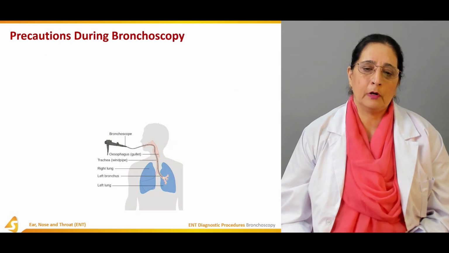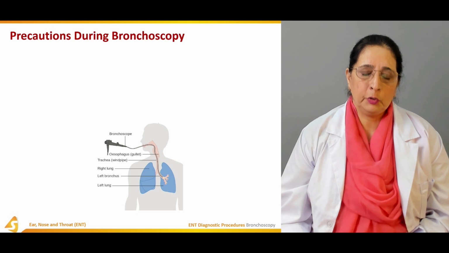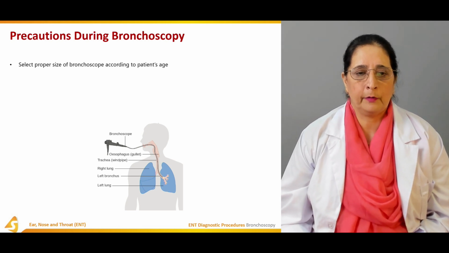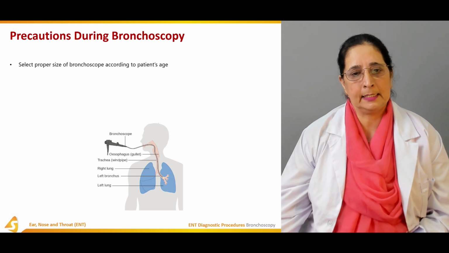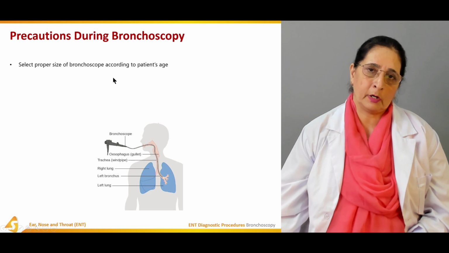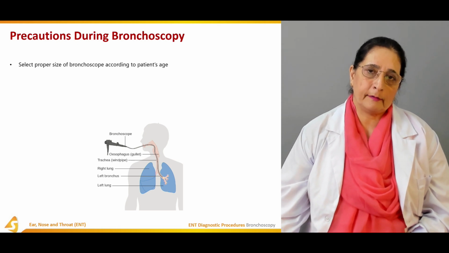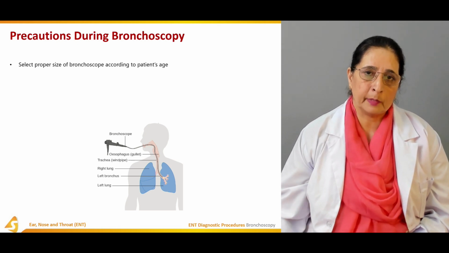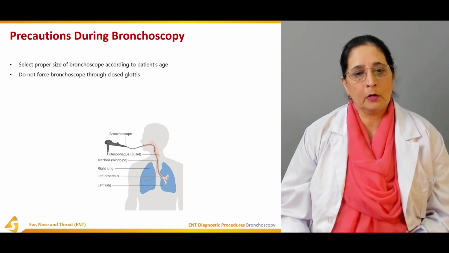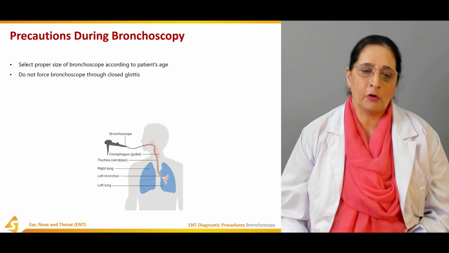Precautions during bronchoscopy which should be observed, precautions are important. Select proper size. Proper size according to patient age is very important. If the size is not correct, then procedure might not be correct. Do not force bronchoscope through closed glottis.